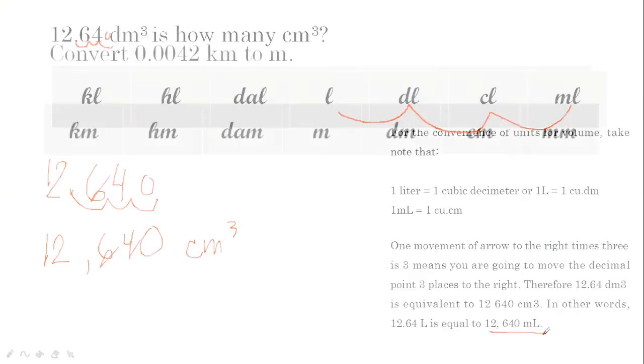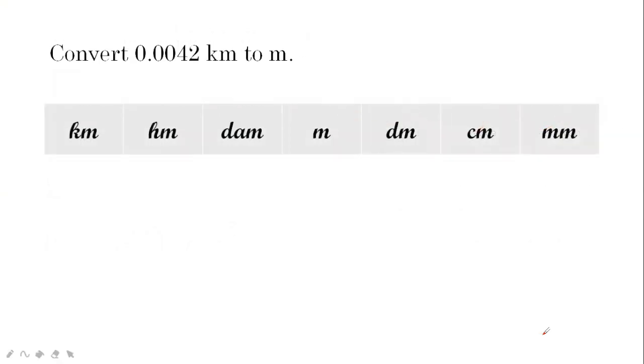Okay. Next, how about this one? Convert 0.0042. So, first is, let us write the number with units. 0.0042. So, kilometer to meter tayo. So, mag-move tayo. 1, 2, 3. So, 3 beses. So, we have 1, 2, 3.